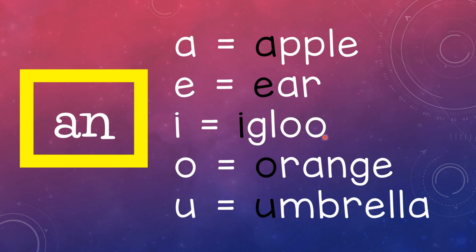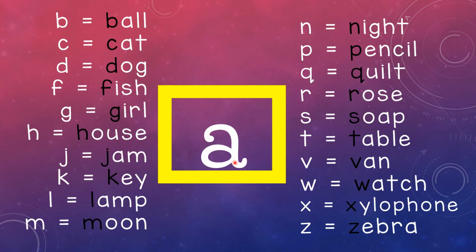I, igloo. O, orange. U, umbrella. So we use an in front of this word. An apple, an ear, an igloo, an orange, an umbrella. Okay, other letters, huruf-huruf lain, bunyi-bunyi lain, we use a.